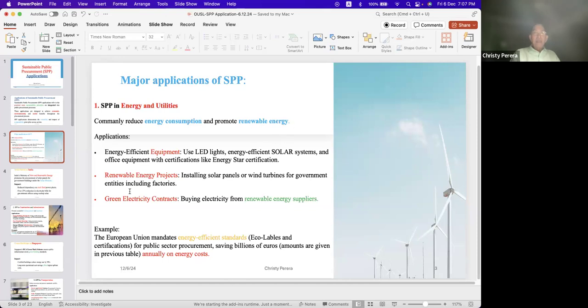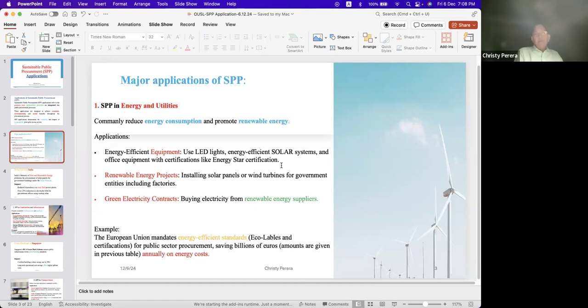What are the applications? Energy efficient equipment, very famous. Use LED lights, energy efficient solar panels, and office equipment with certifications like Energy Star certification.